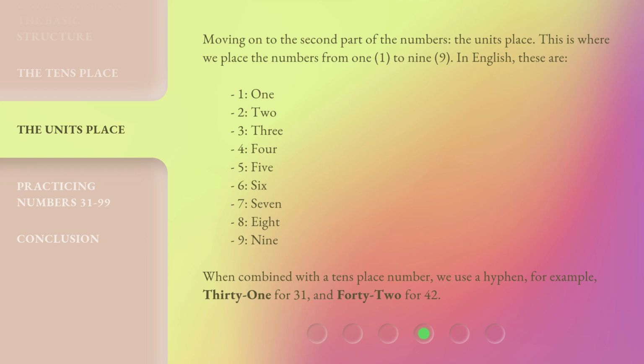In English, these are one, two, three, four, five, six, seven, eight, nine. When combined with a tens place number, we use a hyphen, for example, thirty-one for 31, and forty-two for 42.